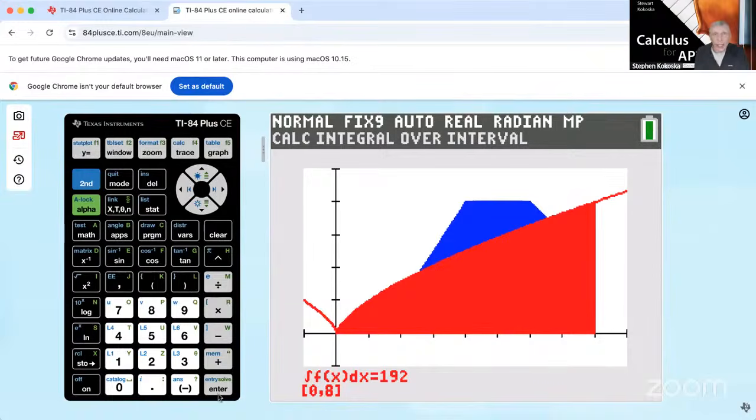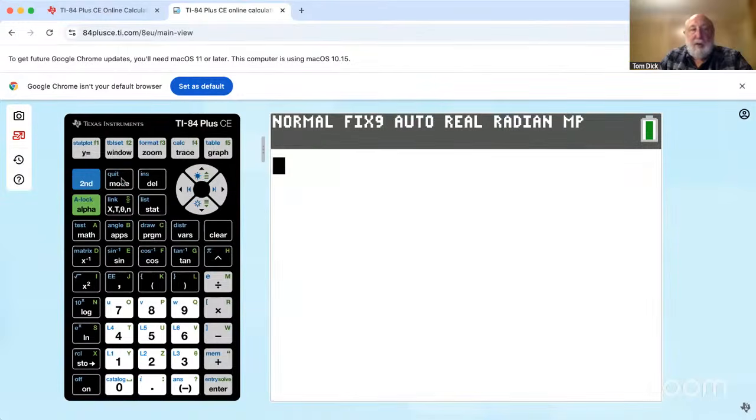So let's double check that. Can you do that on a calculator screen? Sure. Our function was 6 x to the 5/3, right? So that's the position function.